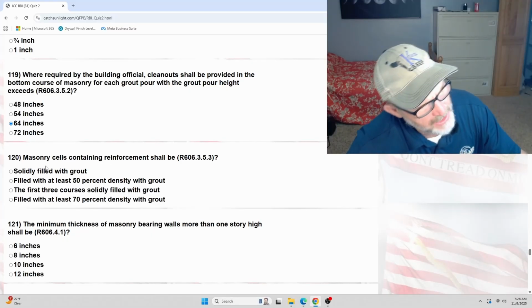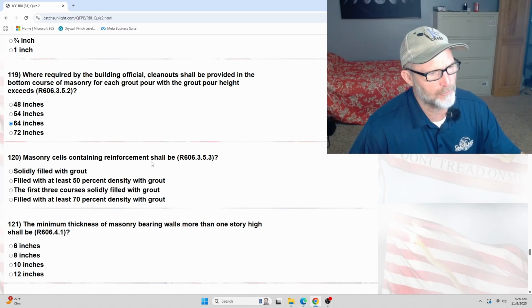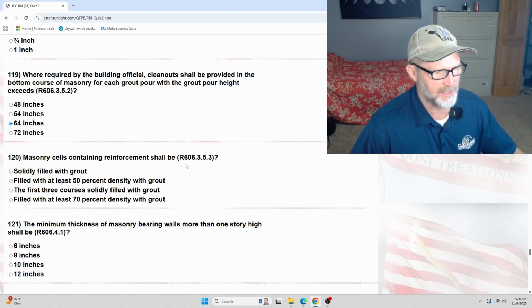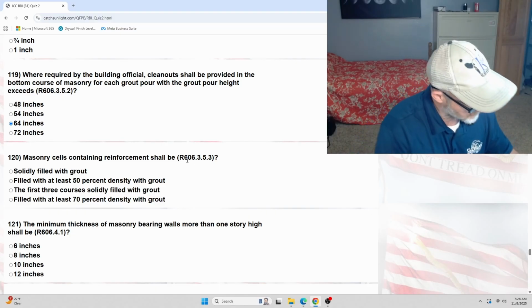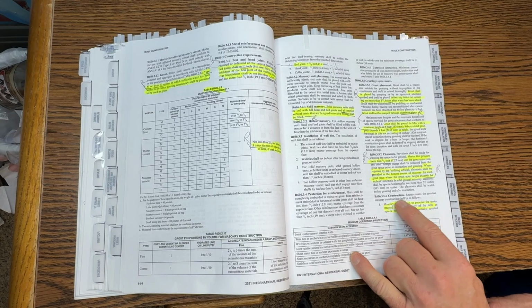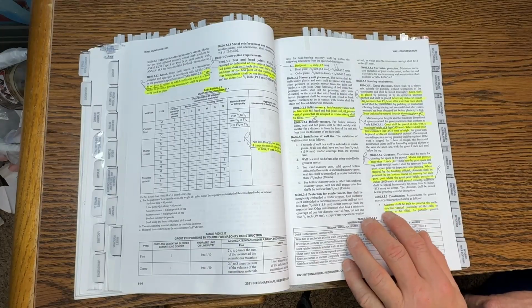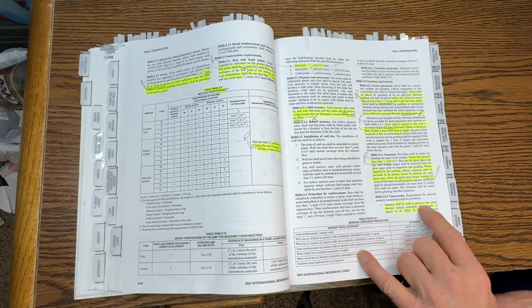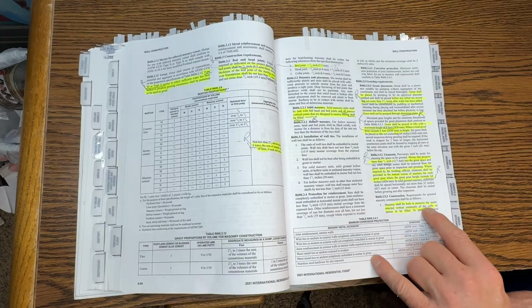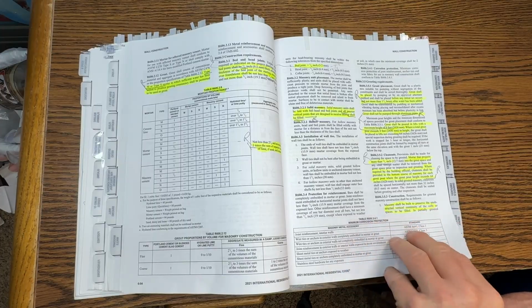120, masonry cells containing reinforcement shall be what? 606.3.5.3. And this is probably obvious, but let's go to 606.3.5.3. Construction requirements for grouted masonry construction shall be as follows. Masonry shall be built to preserve the unobstructed vertical continuity of the cells or spaces to be filled.